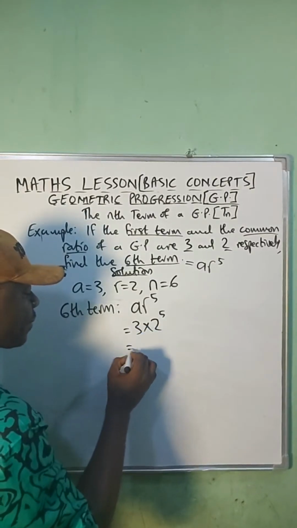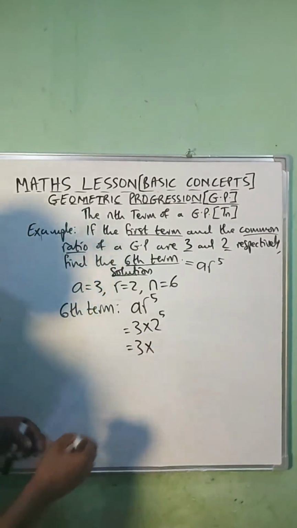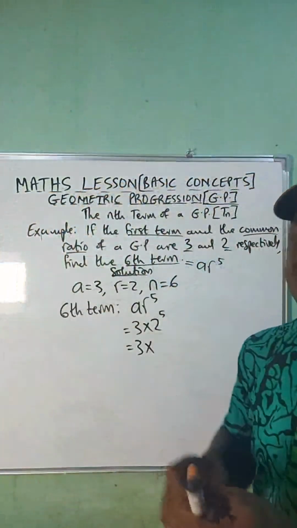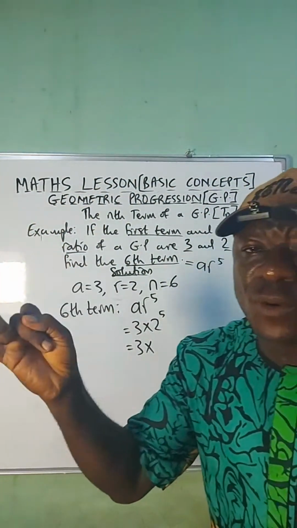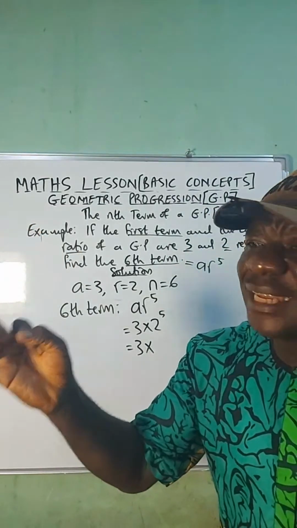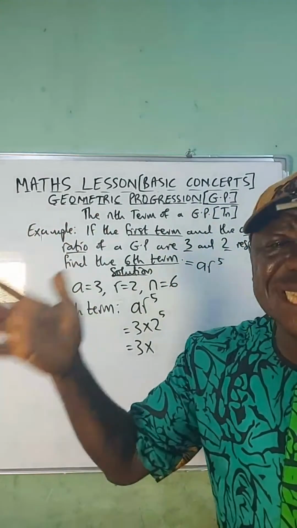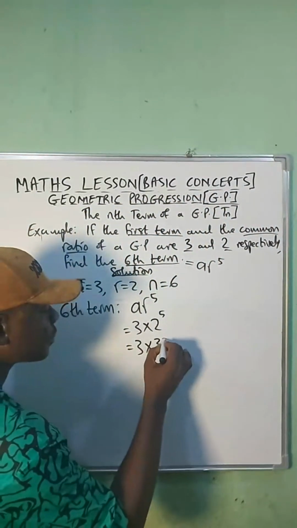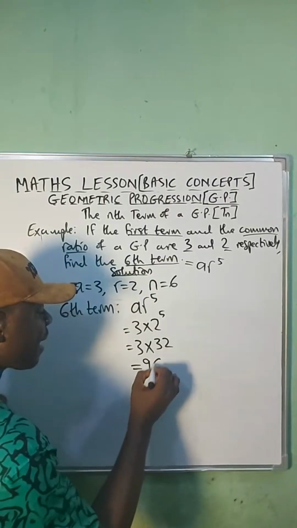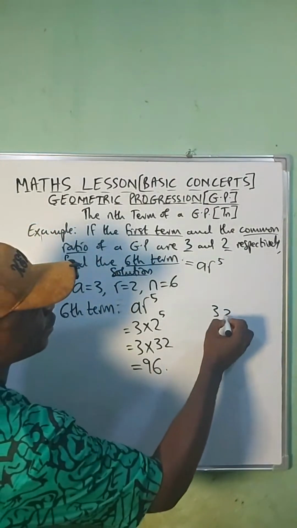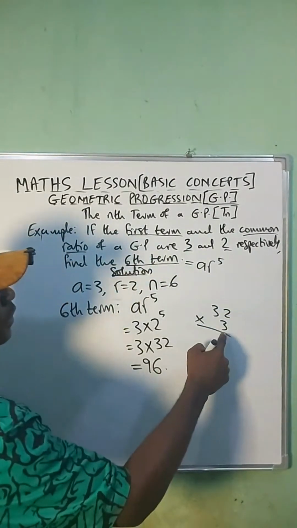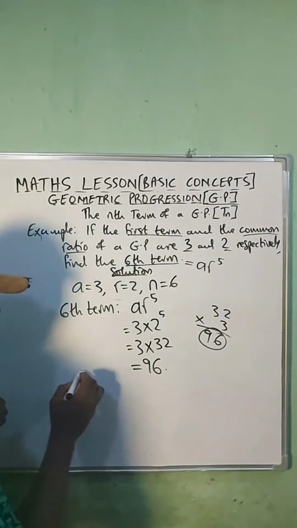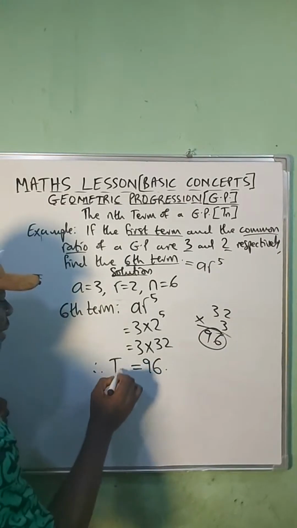So this will be 3 times 2 raised to the power 5, which means I keep on multiplying 2 by itself 5 times. 2 times 2 is 4. 4 times 2 is 8. 8 times 2 is 16. 16 times 2 is 32. And my answer will be 96 because it will be 32 times 3. So this is the system.